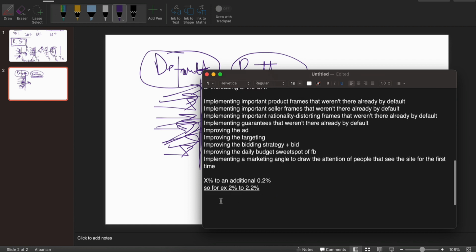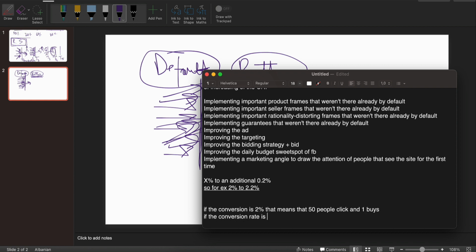Now, how is conversion rate linked to cost per purchase? Let me give you an example. If the conversion rate is 2%, that means that 50 people click and one buys.